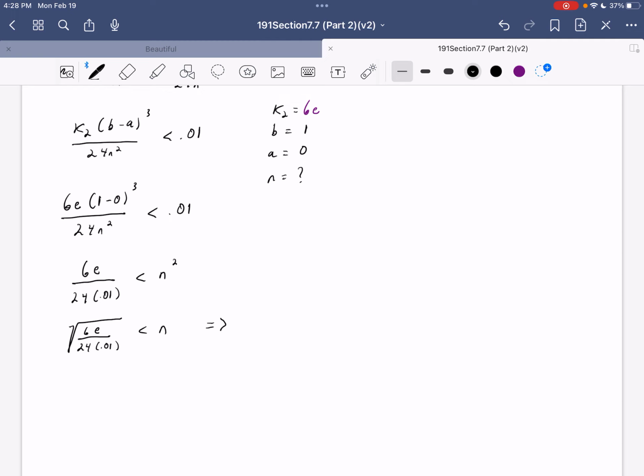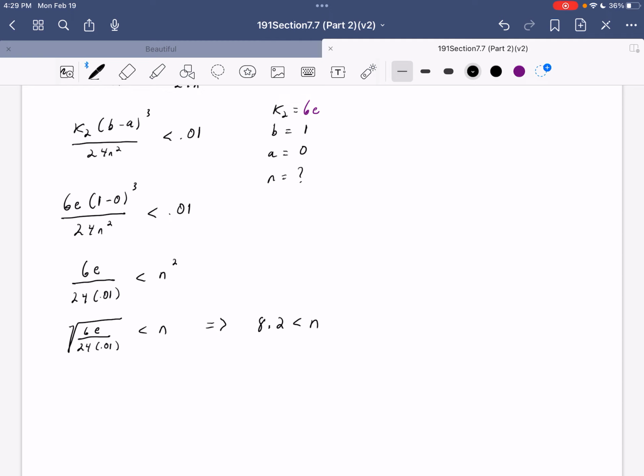Once we do the computation, this is 6 times e, divided by 24 times that 0.01, and that should come out as about 8.2 less than n.